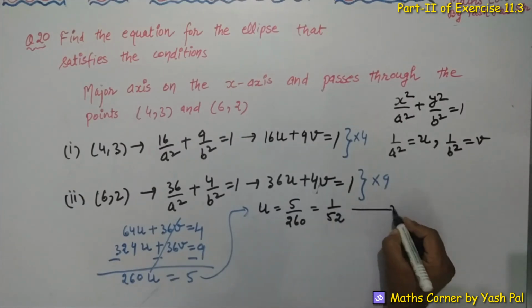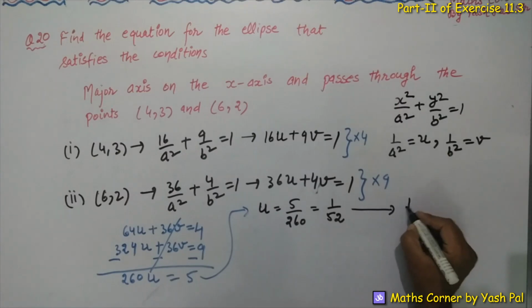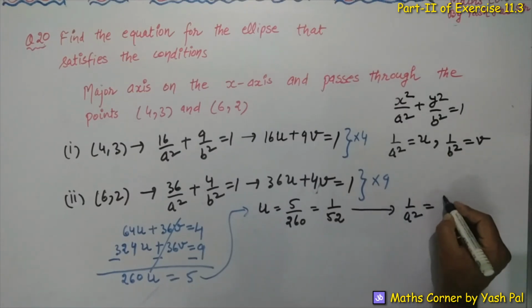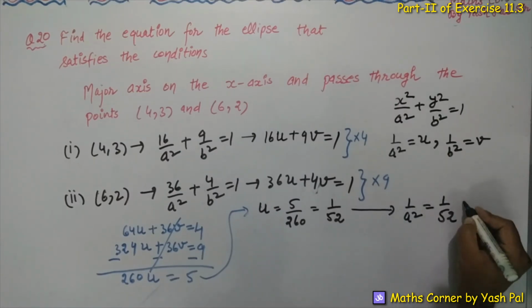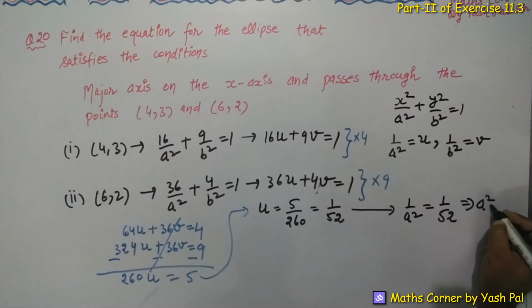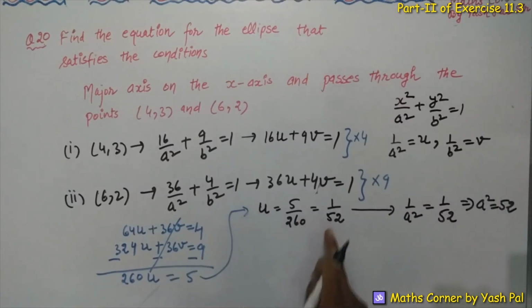So from here, what is u? This is 1 upon a square is equal to 1 upon 52. This gives us a square equal to 52. Now we put the value of u in any equation.